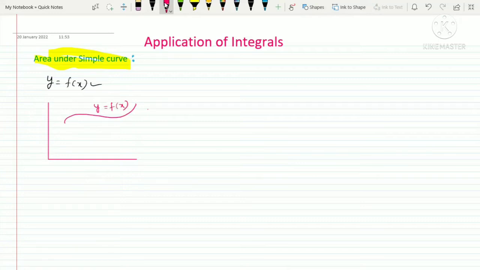Now, how much area is this curve bounded with the x-axis? This is the x-axis, y-axis. How much area is bounded by this curve with the x-axis between the interval x equal to a to x equal to b? I will draw the line of x equal to a.